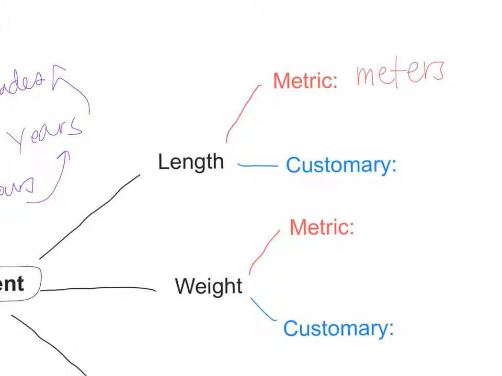Okay? And as we know, we can add a lot of prefixes before to make it bigger or smaller, like kilometers or centimeters, right? Or millimeters. Okay, or hectometers. Remember when we learned about those? Decameters, right?